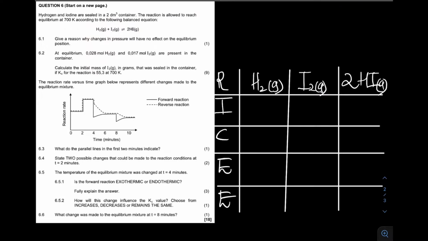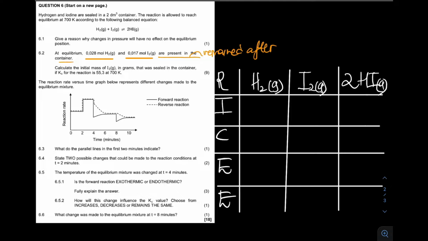Question 6.2, it says at equilibrium 0.028 mole of hydrogen gas and 0.017 of iodine gas are present in the container. So at equilibrium, those amounts of hydrogen and iodine are the amounts that remained after the equilibrium has been reached.